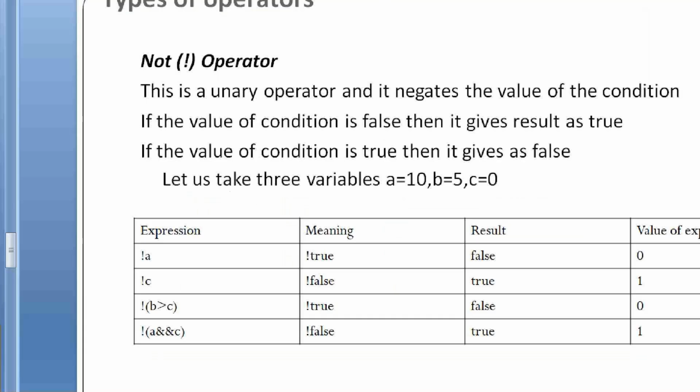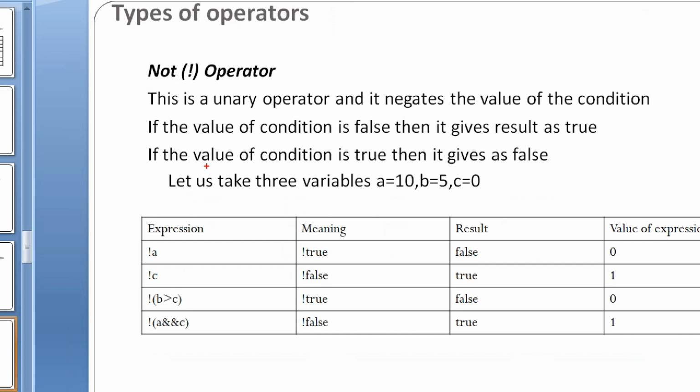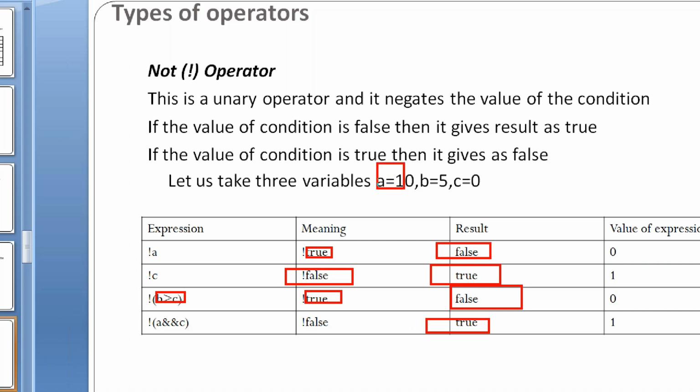And next, NOT. NOT means what here? Suppose my expression is true: not of true means false, not of false means true. That's all. So if I'm writing b greater than c, suppose this expression is true, not of true means false. If it is false, then not of false will be true. And a is 10, b is 5 like this here. And one more important thing: not of a means what?